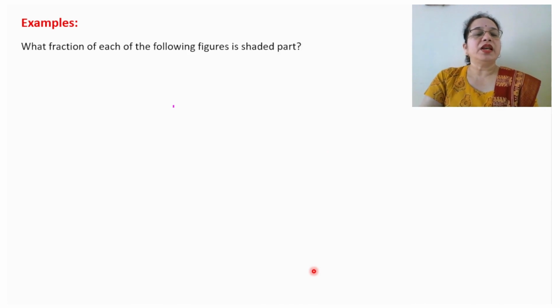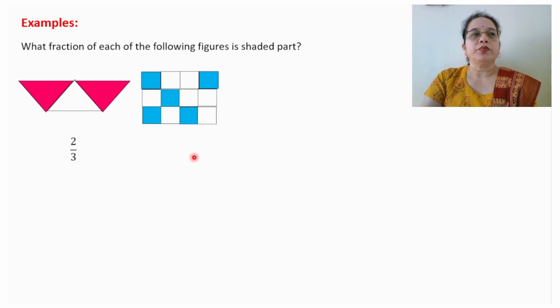Now take a few examples. What fraction of each of the following figures is the shaded part? So total number of parts are 3. Out of 3, 2 parts are shaded, so 2/3. Total number of parts are 3 plus 3, 6 plus 3, 9 plus 3, 12, and out of 12, 5 parts are shaded, so 5/12.